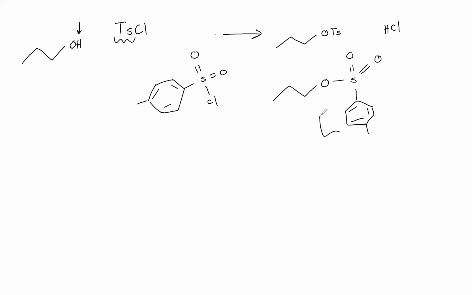Tosylate is just this whole group right here. And so, for example, what we can do is we can react it with OCH3 negative. And what will happen is that this whole group here will be replaced by that OCH3. Okay? Do we need to know the mechanism of attachment? I do not think so.